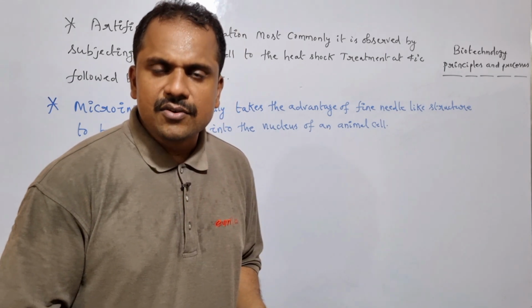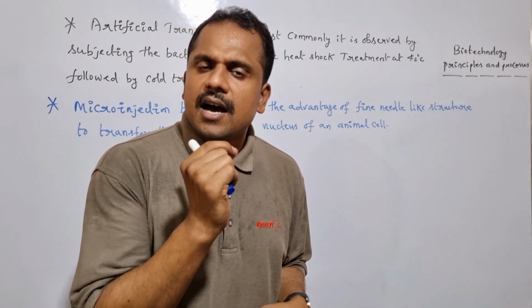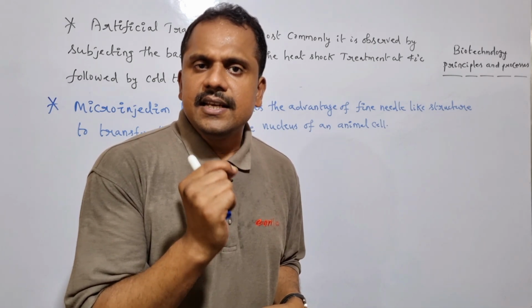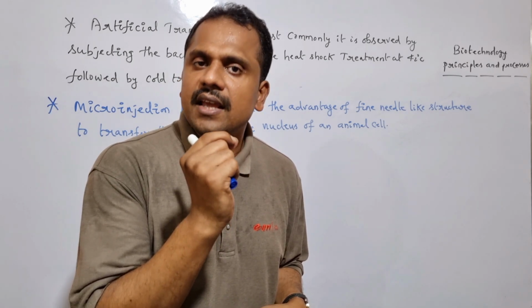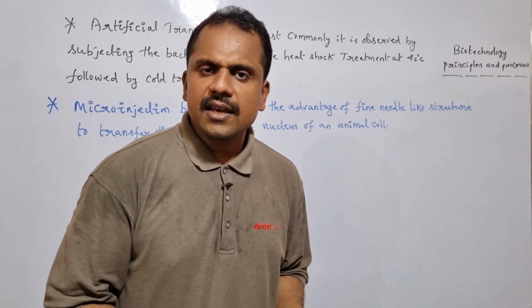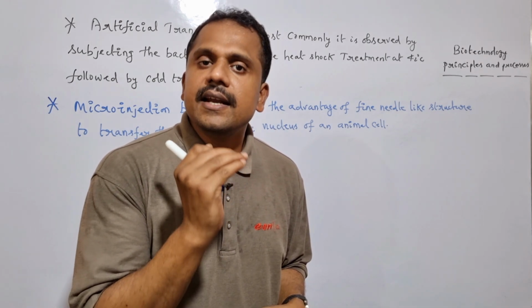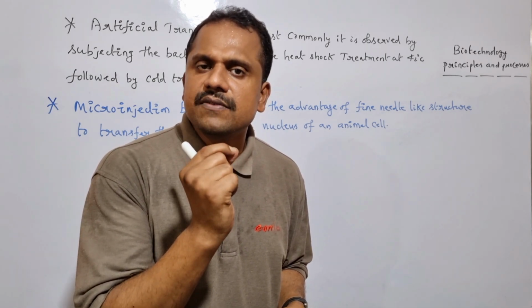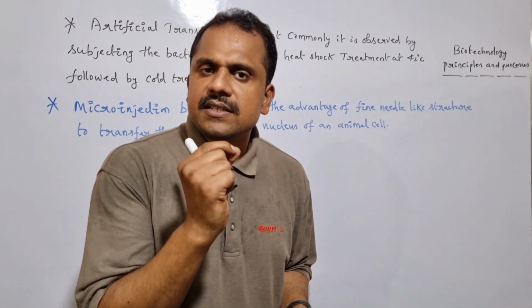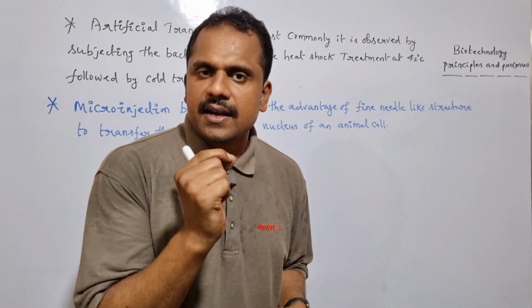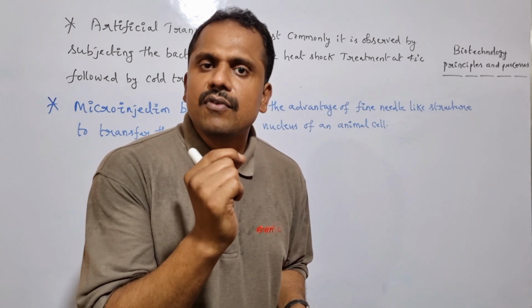Is it clear? So by taking the advantage of particle bombardment method or biolistics method or gene gun method, we can transfer the specific DNA into the host organism. So basically the particle bombardment method takes the advantage of a specific device termed as gene gun. So within the specific gene gun, specific microparticles like gold and tungsten are successfully coated with the foreign DNA.